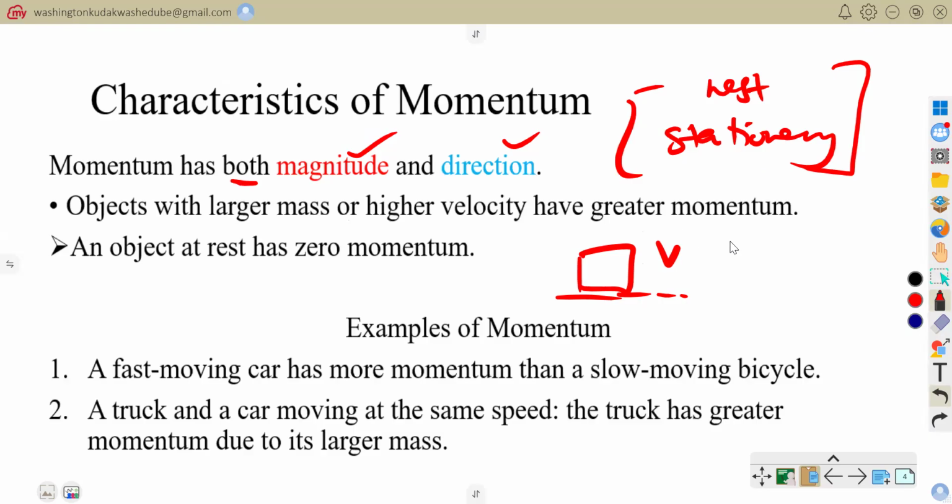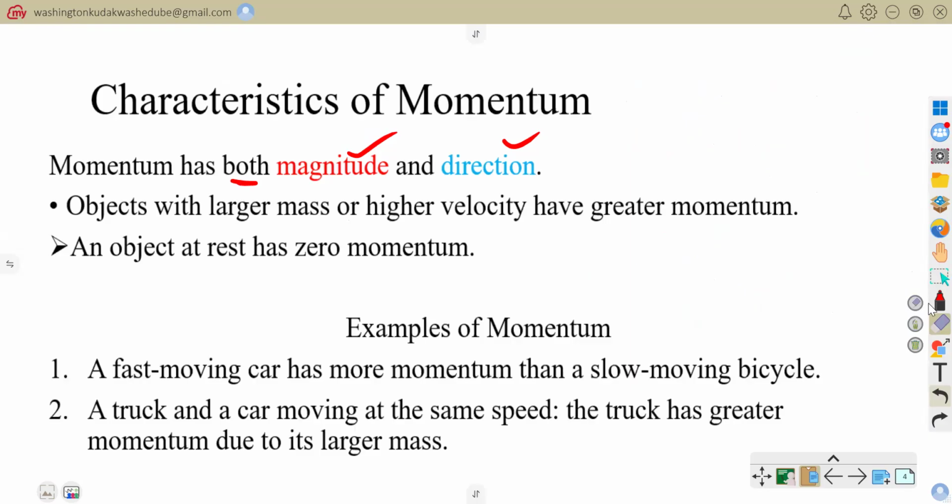Since velocity is equal to zero, momentum will also be equal to zero. So for stationary objects, or objects at rest, momentum is equal to zero because we said momentum is mass in motion. We need to have our mass moving. Whenever our mass is stationary or at rest, it simply means that there is no momentum.